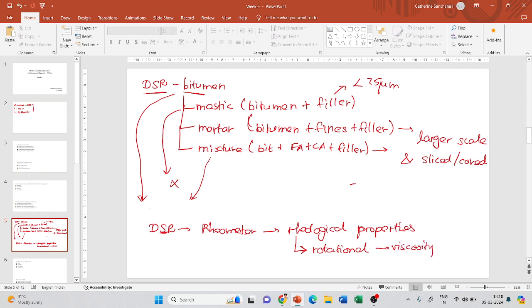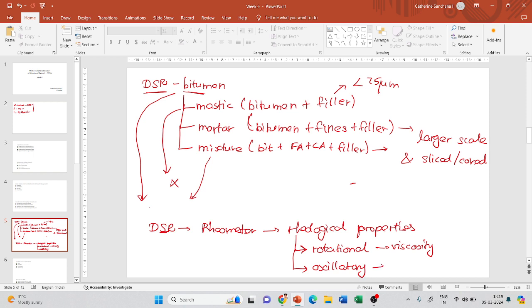If I am subjecting it to a rotational motion, I will measure viscosity, or I can subject it to oscillatory motion and I can measure properties like the modulus of the complex modulus, phase angle, storage modulus, loss modulus, complex viscosity, and all that.